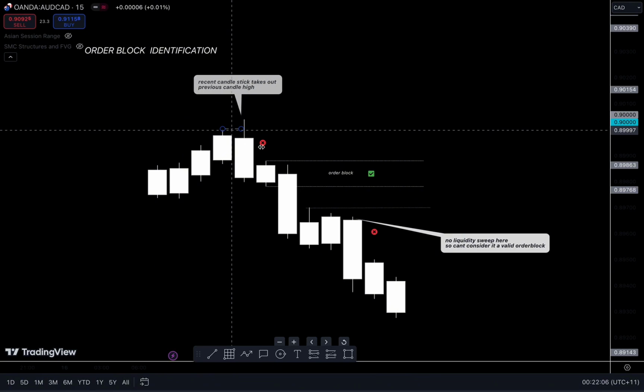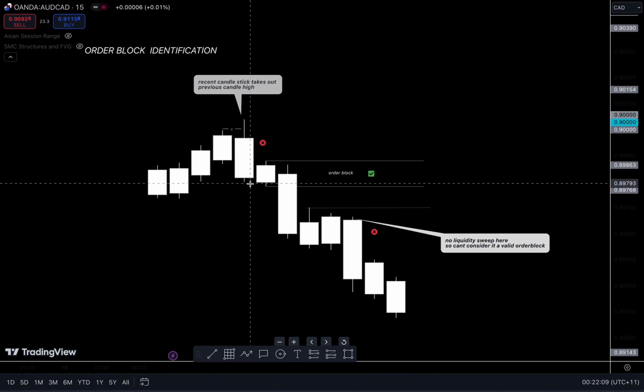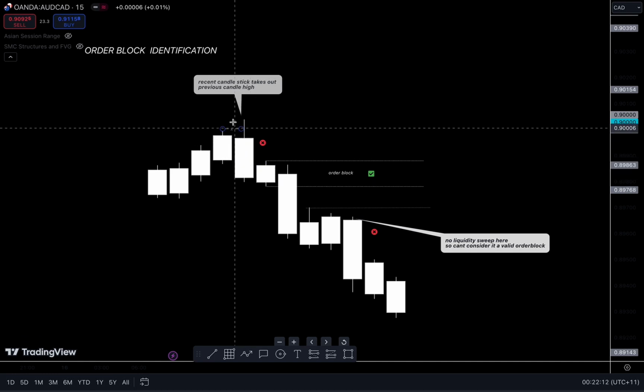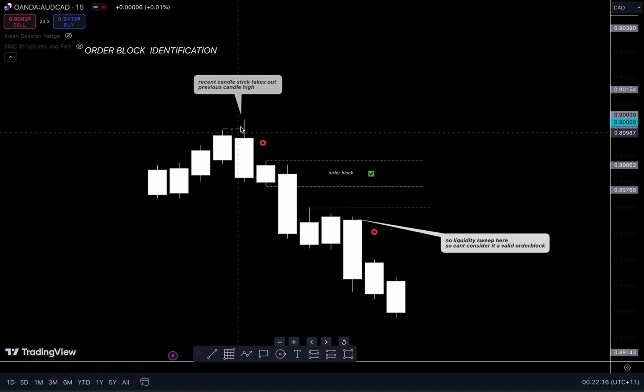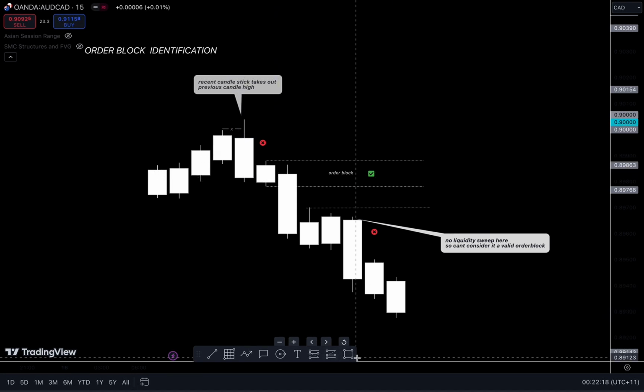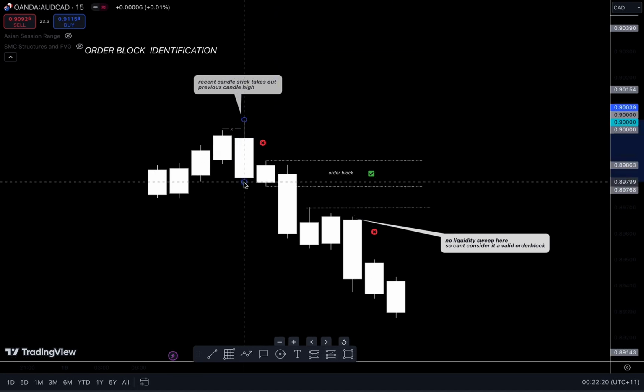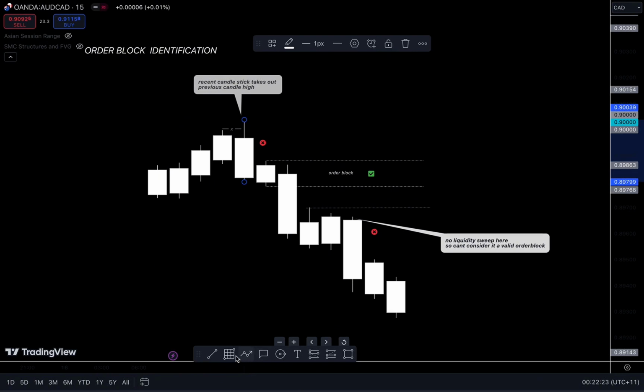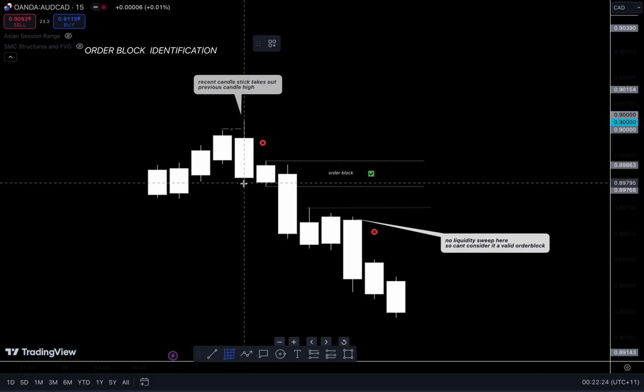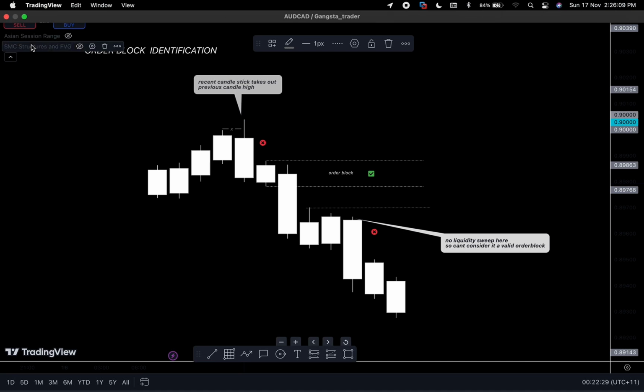That is one, and also ensuring that there's proper imbalance available in that zone. But here we have price taking out this previous high, right? So the next thing is for us to mark this zone as an order block for a potential entry.